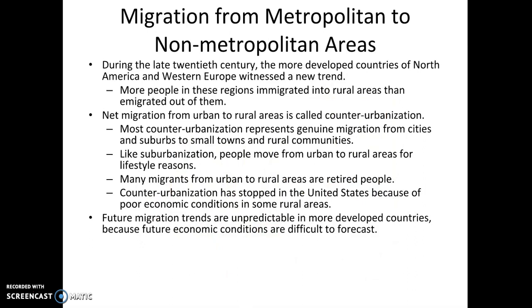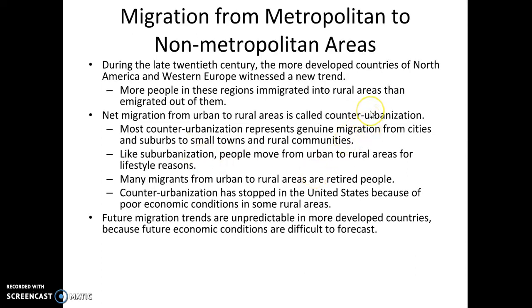So again, we have migration from the metropolitan to the non-metropolitan areas. During the late 20th century, the late 1900s, more developed countries of North America, Anglo-America, and Western Europe had this new trend where people were moving from the urban areas into rural areas. They call this counter-urbanization, by the way.